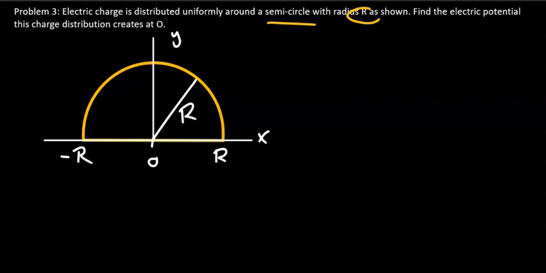Find the electric potential this charge distribution creates right there at the origin. So as before, let's divide up this entire semicircle into tiny elements and treat that element as a point charge. In this case, the length of this element, let's call it dl, and it contains an amount of charge of dq.